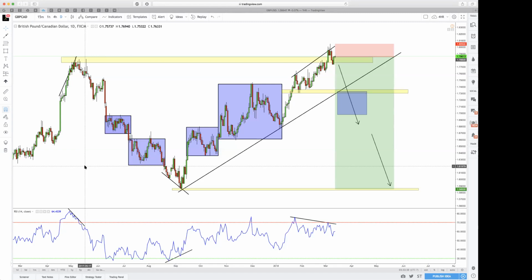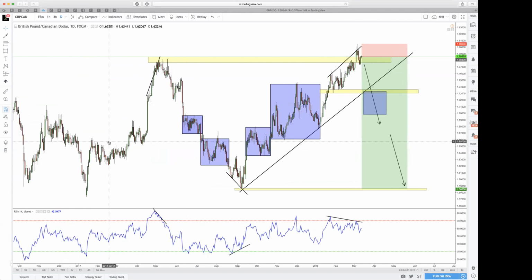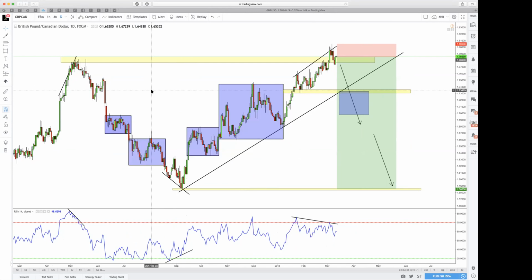Okay, GBP CAD. All right, stop loss is 8050. Take profit is 1.585. All right, sold. Okay, now GBP CAD is done.